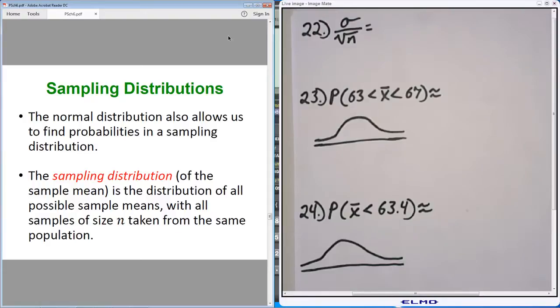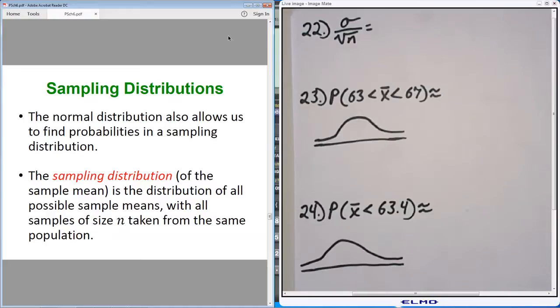The normal distribution is an incredibly useful thing in statistics, in part because it shows up so very often in natural phenomena, but also because of how it allows us to find probabilities in a sampling distribution. Now the sampling distribution we're going to talk about is of the sample mean.